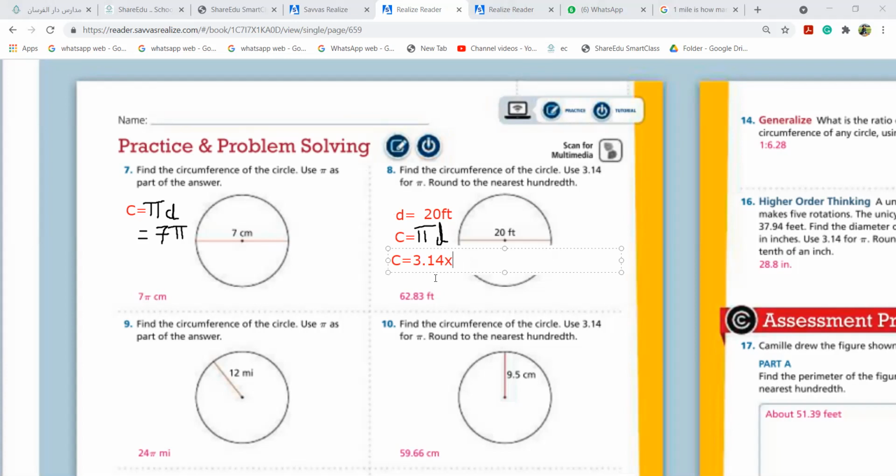Zishan, question number 8. You told me the diameter. How much is the diameter? 20. Yes.